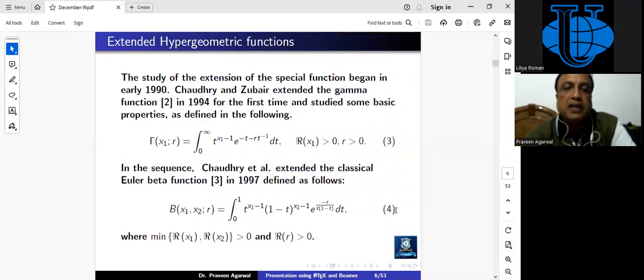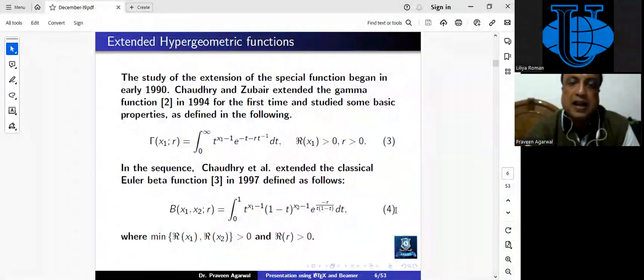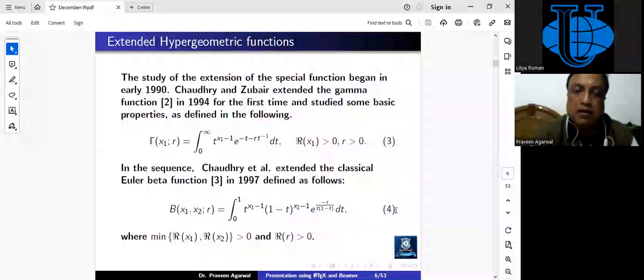The study of the extensions of the special functions began in the early 1990s, and Chaudhry and Zubair extended the gamma function in 1994 for the first time and studied some basic properties, as defined in equation 3, which represents the extended gamma function, and in equation 4, represented by Chaudhry et al., is an extended beta function.